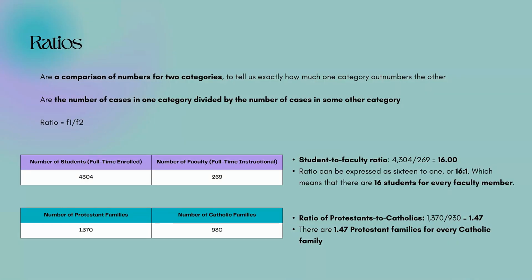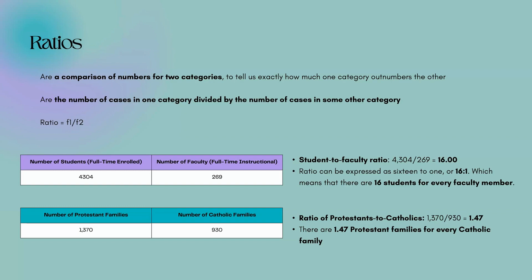A few years ago, in one major, we had 4,304 students, and the number of faculty was 269. A student to faculty ratio would be the number of the first category, students, divided by the number of the second category, faculty. So student to faculty would be 4,304 divided by 269, and that value is 16.